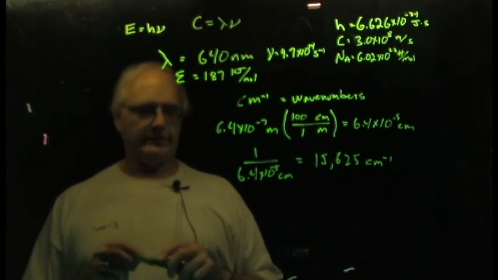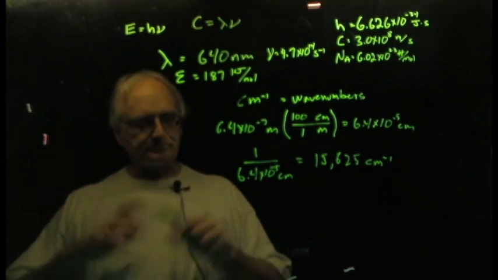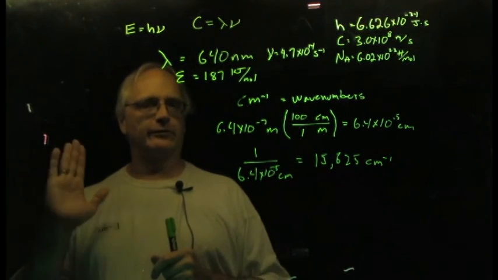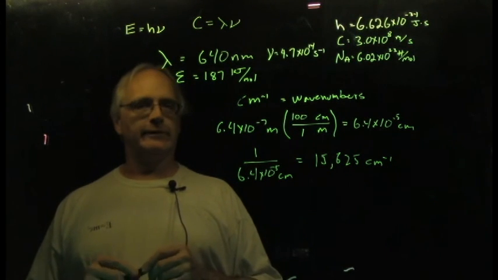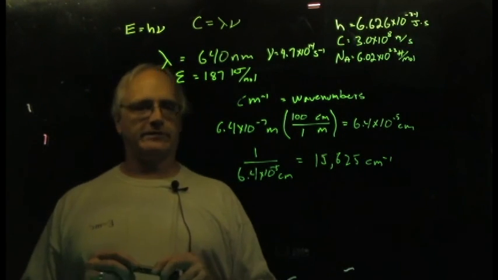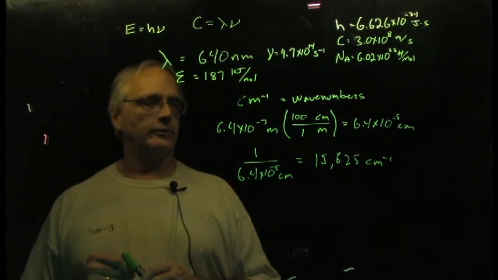If you remember standard infrared spectroscopy, on a standard spectrum, it usually runs from about 4,000 down to somewhere in the neighborhood of 600 wave numbers. You can see we're quite a ways outside the standard infrared spectroscopy range.